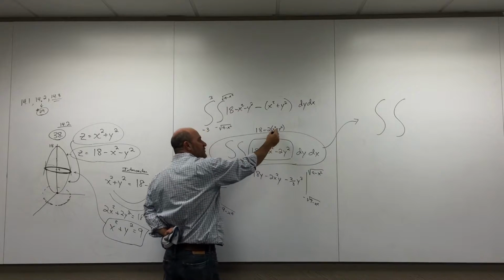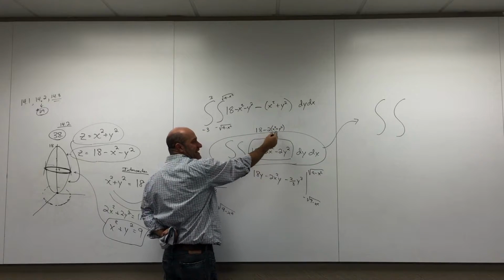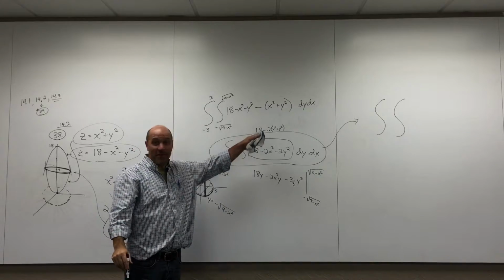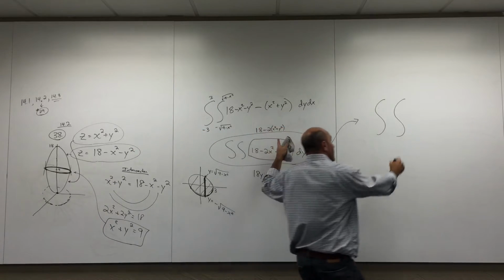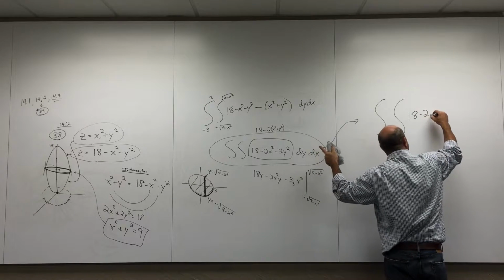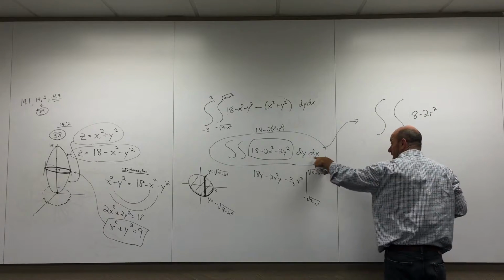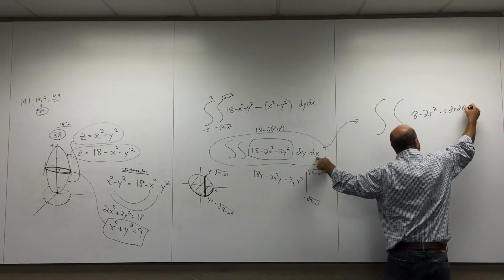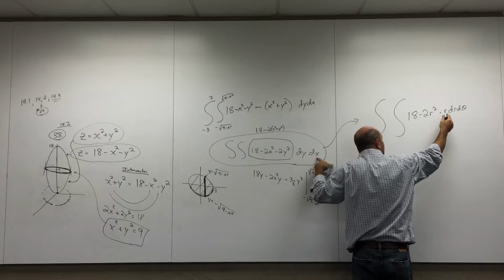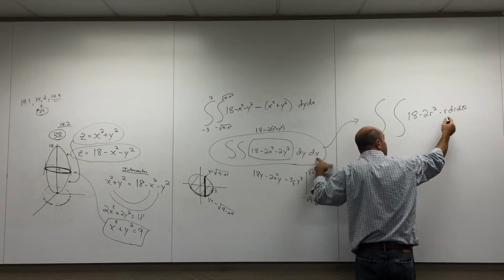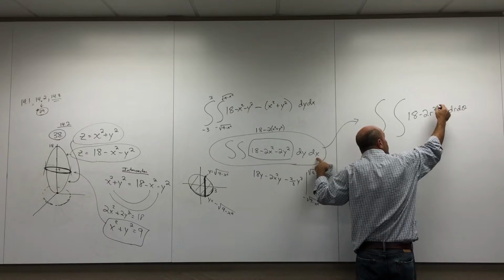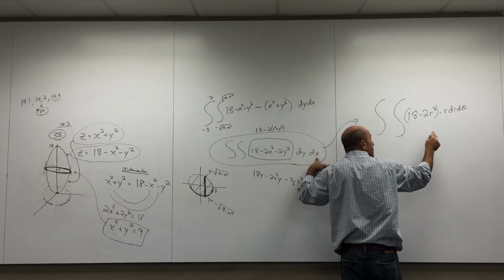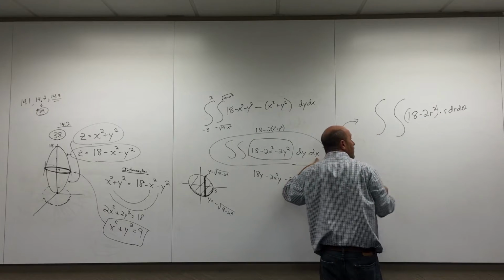That's what -2x squared, -2y squared is. Now maybe you know what to do. That's r squared, right? So that's 18 minus 2r squared. What about the dy dx? It's r dr d theta. And that r becomes part of the integrand, and it needs to be distributed times this whole integrand here. So maybe parentheses are important. That r is going to come join all that.